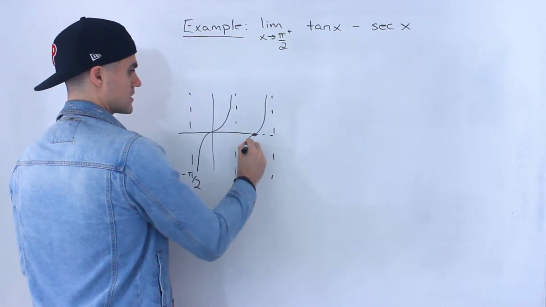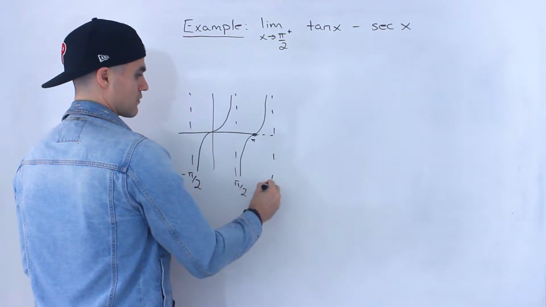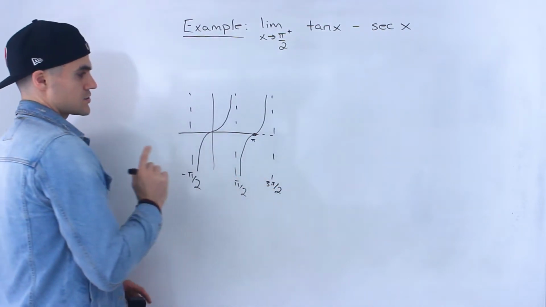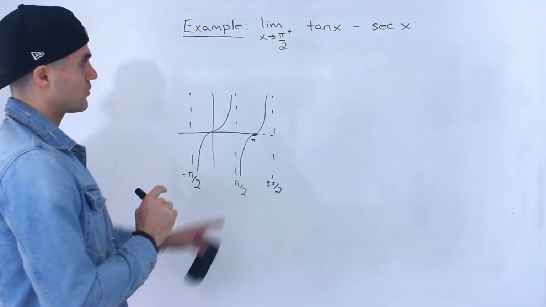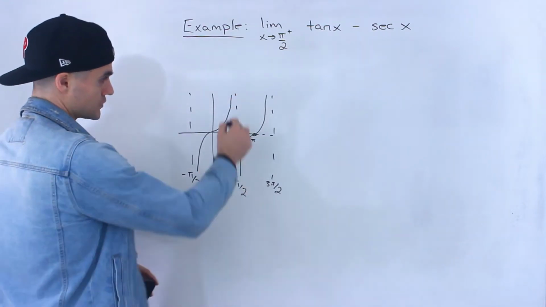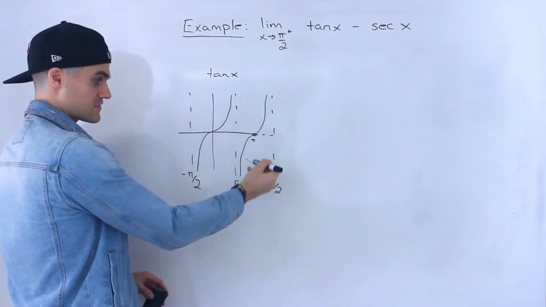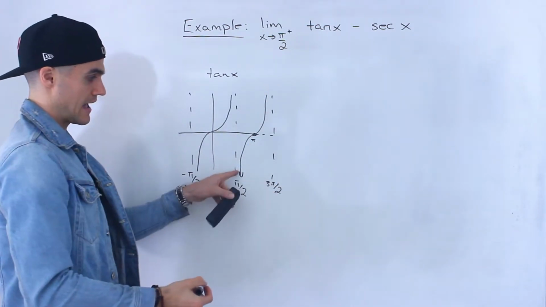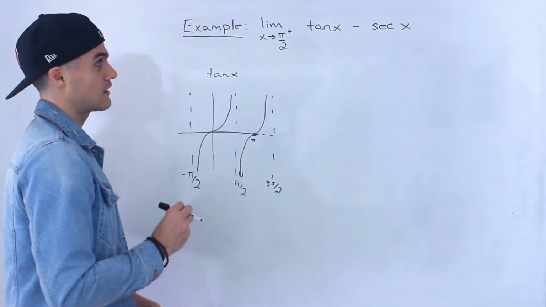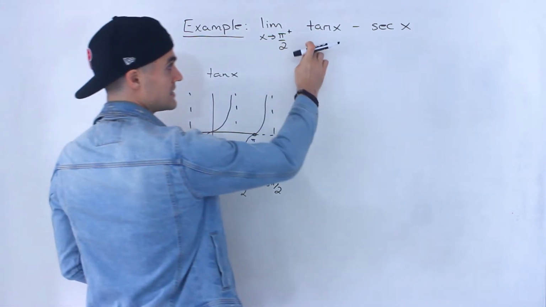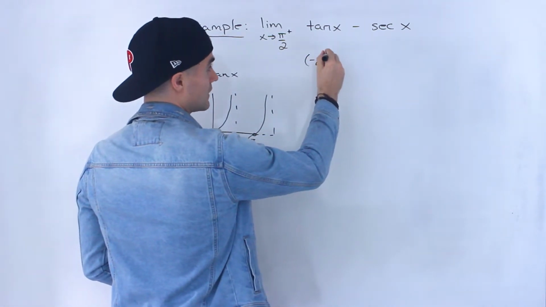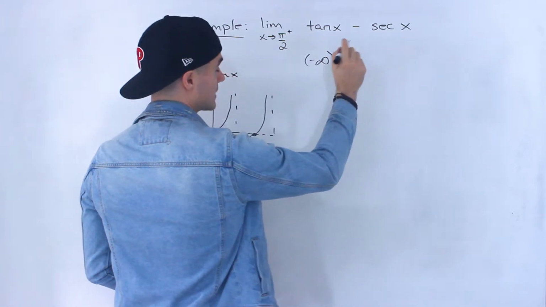Where this here is going to be at pi, and then this is going to be at 3 pi over 2. So notice that as we approach an x value of pi over 2, this is tan x, from the positive side, notice that the function is going to go towards negative infinity. So this here is going to be negative infinity, and then we're going to be subtracting secant x.